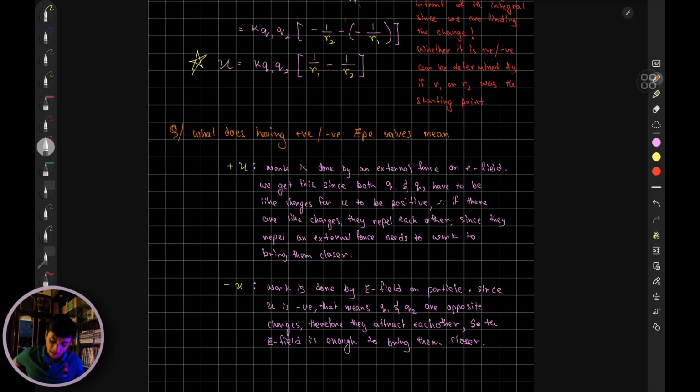If they are like charges, they repel each other. Since they repel, an external force needs to work to bring them closer together, as explained above and previously. When you have two positive charges, they're going to repel. Until and unless you exert an external force, they're not going to come closer together. In that case, positive work is done. That is why your EPE, since coming from infinity to a defined point, is positive.